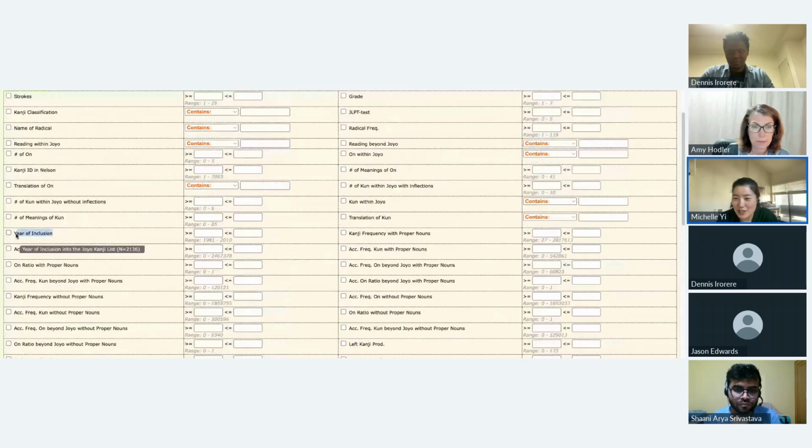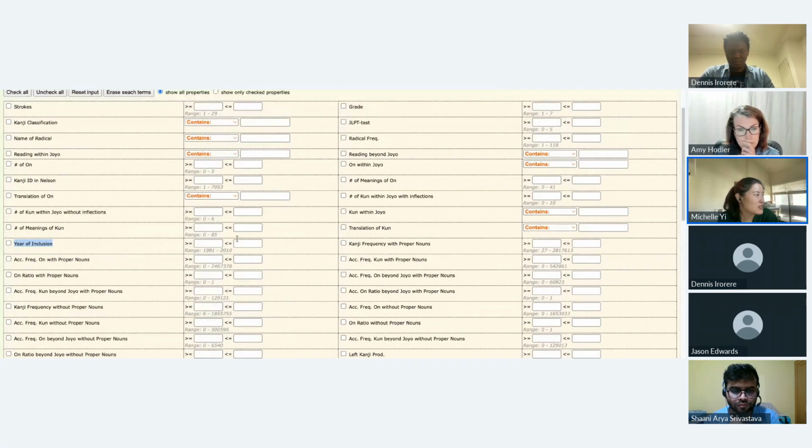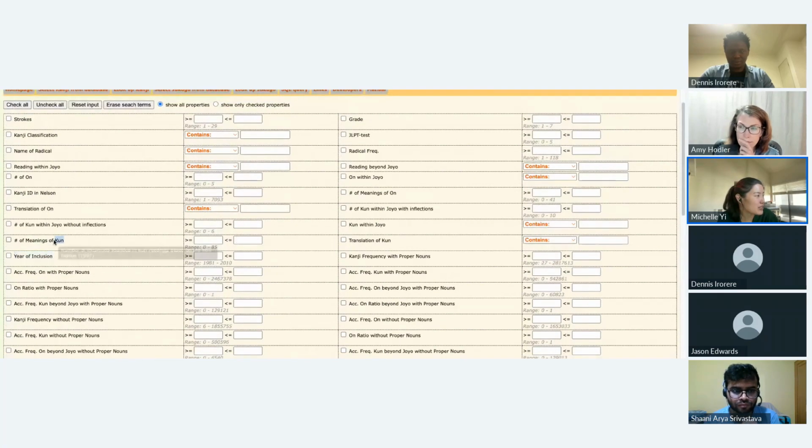So they actually flag when the character was included officially in the Japanese language as well. I think they even have the source, which is pretty crazy to think about considering how much effort it takes to document all of this. And there are meanings of the different types of components, since there are multiple ways to interpret kanji as well.